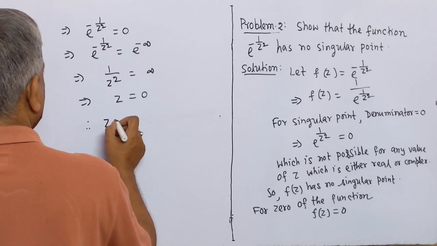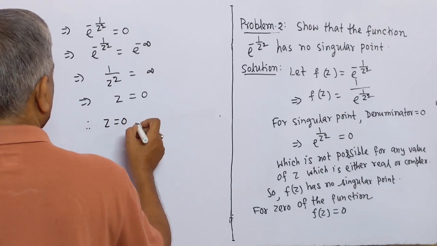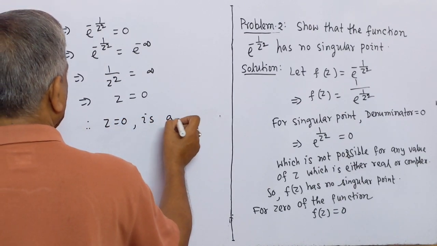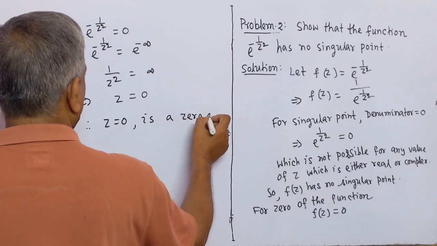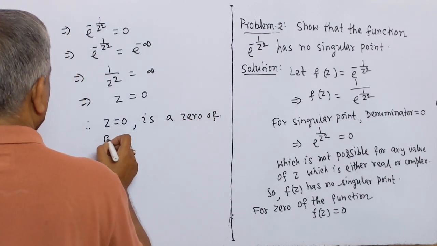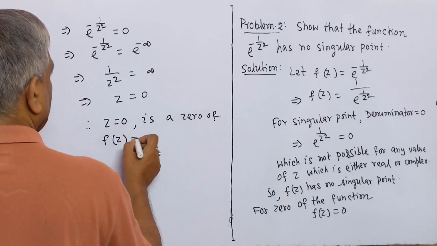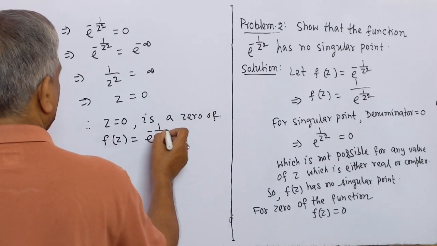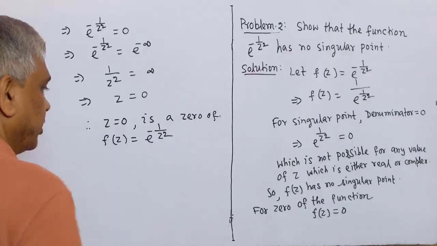Therefore, z = 0 is a zero of the function f(z) = e^(-1/z²).